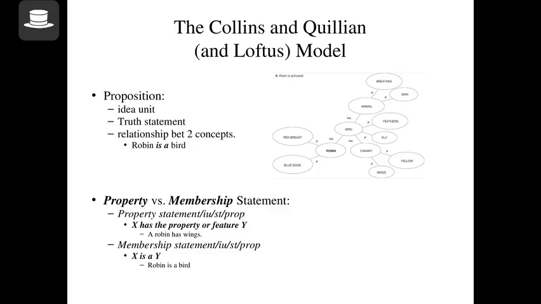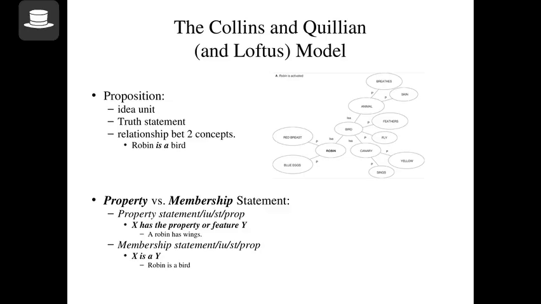Now there are two kinds of propositions based on the type of pathway. Remember, there are two types of pathways. P stands for property pathway. ISA stands for membership pathway. Well, it's called property pathway because this particular connection is showing the property relationship between these two.